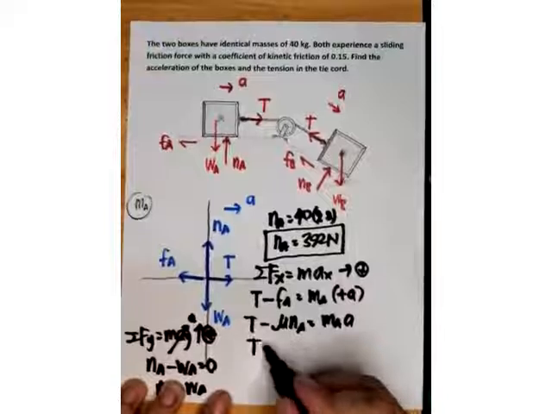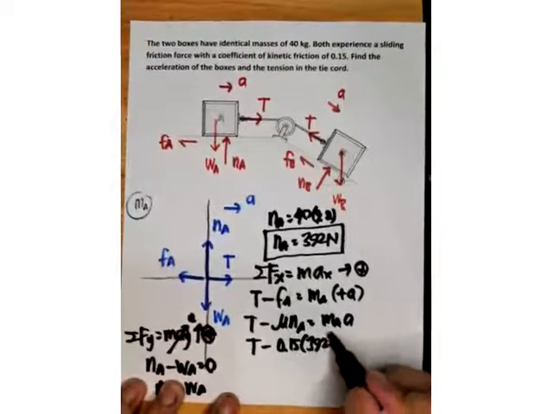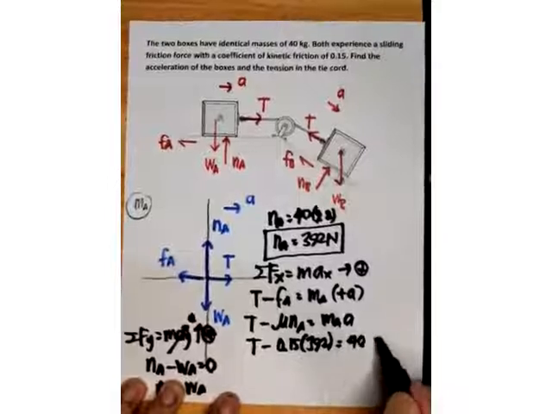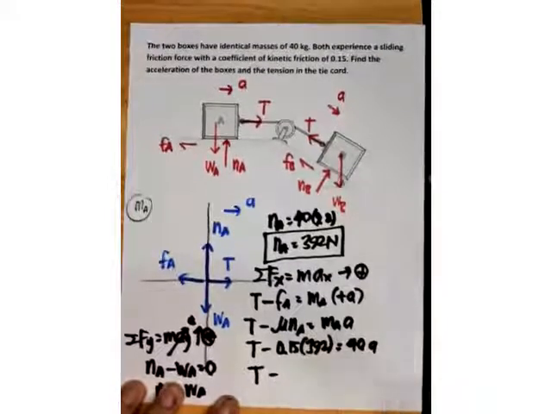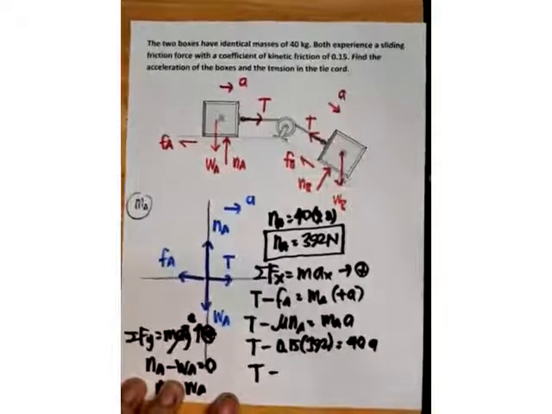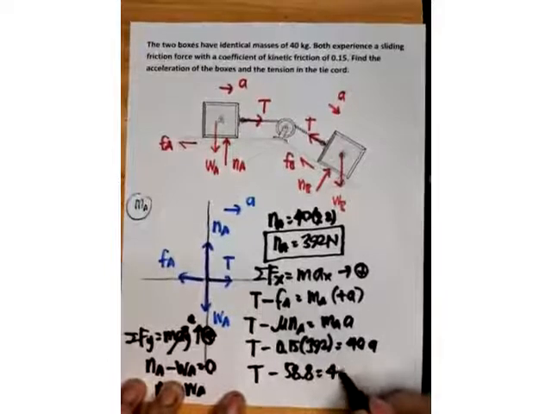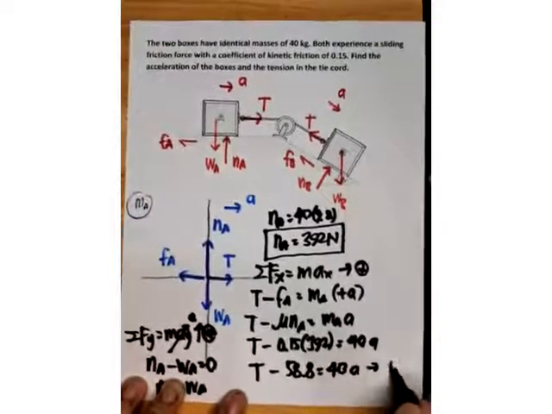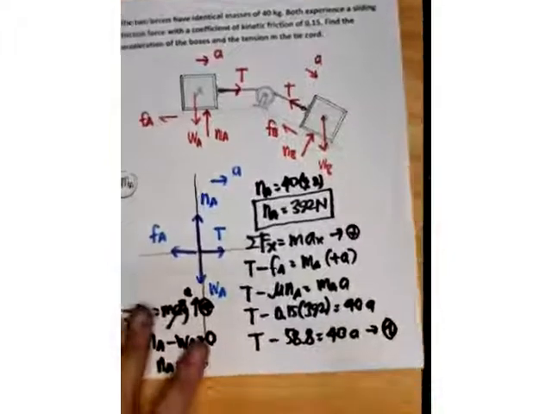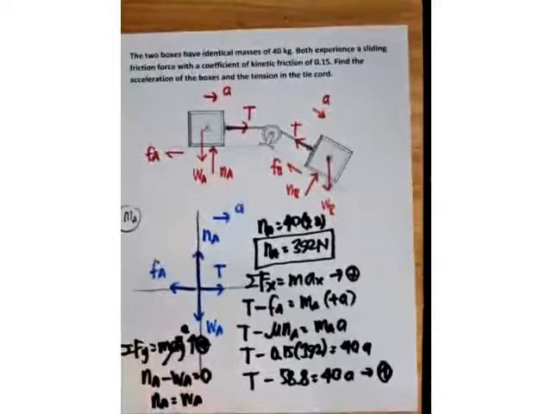So tension minus 0.15 times 392 is equal to 48. So tension minus 58.8 is equal to 48. So this is our first equation. Okay, so that's our first equation.